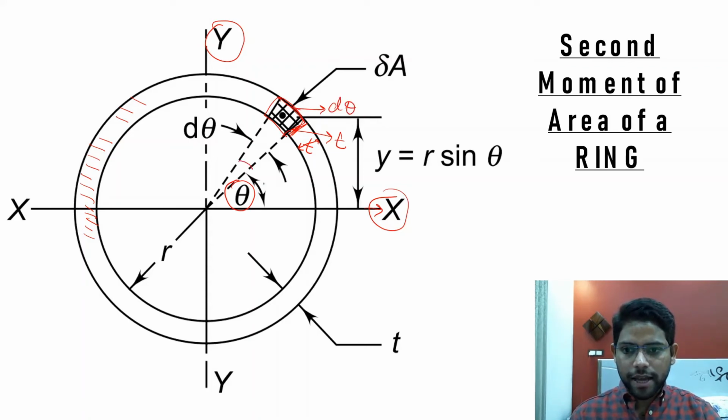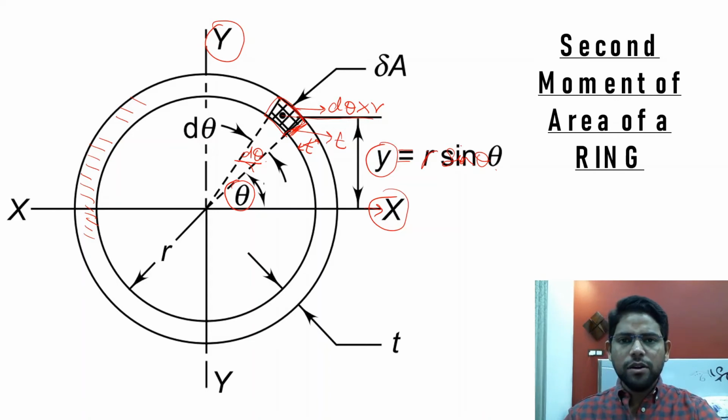That's why this angle is del theta, multiplied by r, because the radius of this elemental ring is r. So this distance over here will be equal to y, which will be equal to r sine theta.